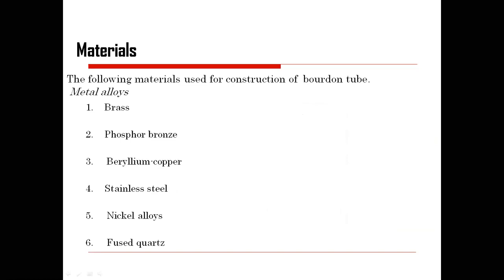What are the materials used to design the bellows? It doesn't mean that we can use only elastic or rubber, but some metal alloys are also used for designing of the Bourdon tubes, which we studied in the previous lecture. For designing of the Bourdon tube, brass is used, then phosphor bronze, beryllium copper, stainless steel, nickel alloy, and then fused quartz.